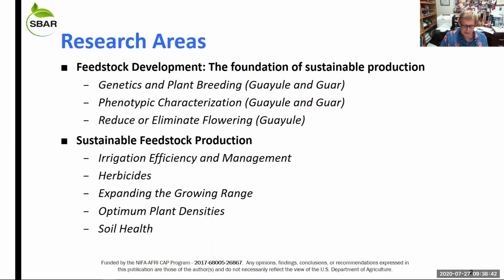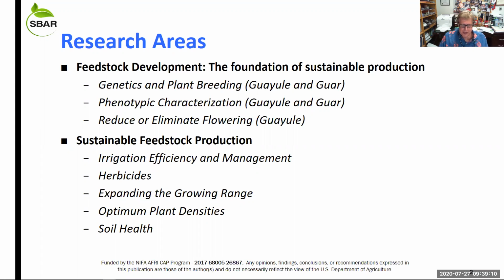Feedstock is the foundation of sustainable production. I'm not saying that it is the most important part, but it is the foundation upon which the other work is based. Under feedstock development, we are doing genetics and breeding of feedstock, phenotypic characterization of the feedstock, work to reduce and eliminate flowering in Wayuli.